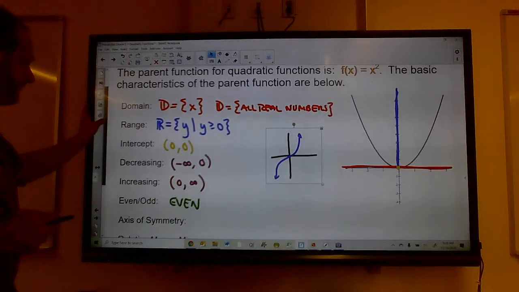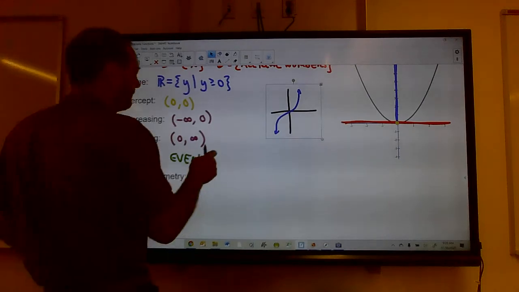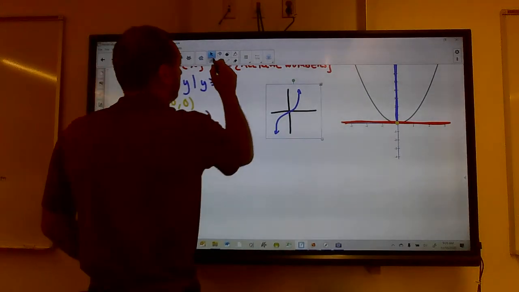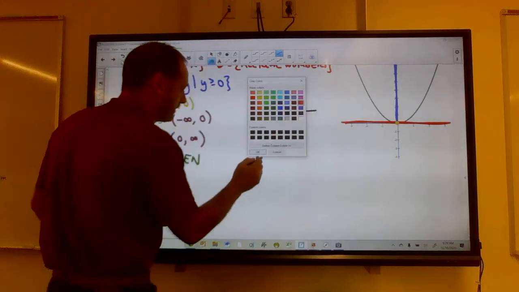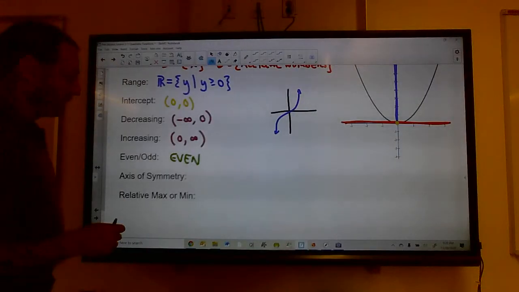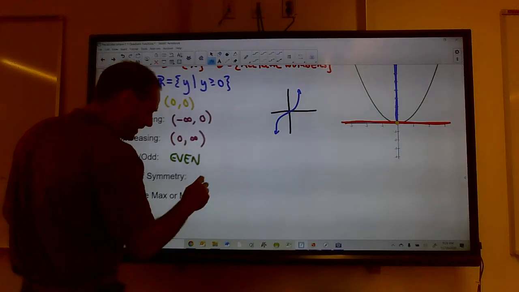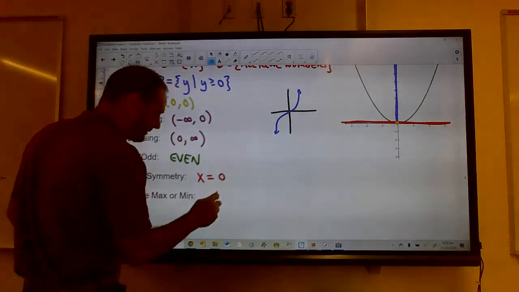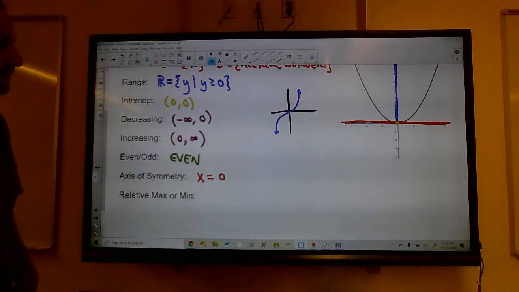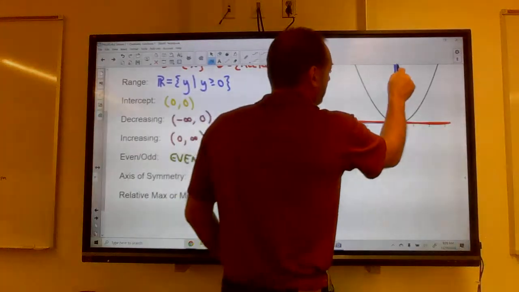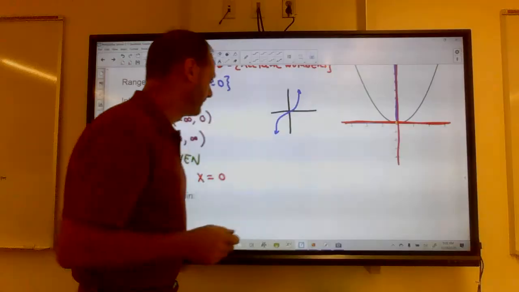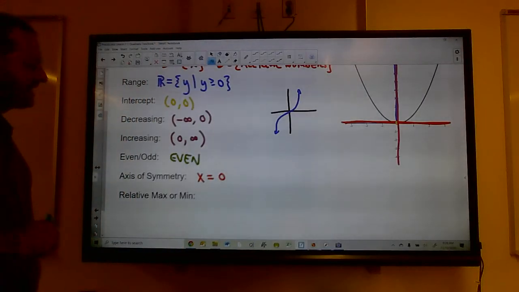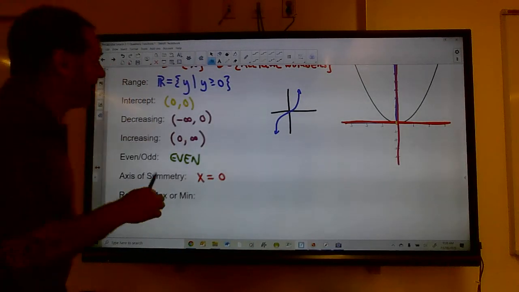All right, where is the axis of symmetry? The axis of symmetry is the line x equals 0. That would be the vertical line right there. And does it have a relative min or a relative max?